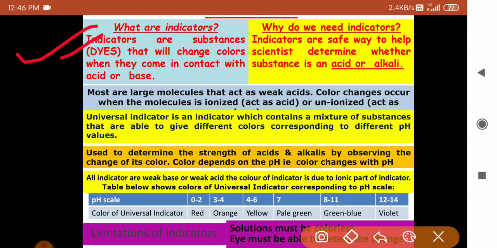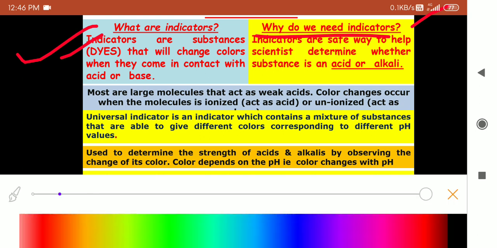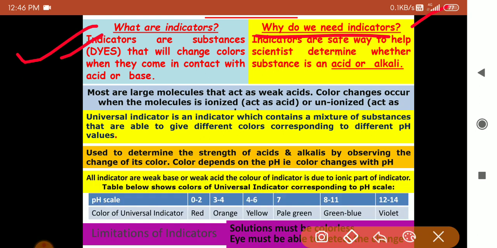So why do we need indicators? That's another question. Indicators are a safe way to help scientists determine whether a substance is acidic or basic, acid or alkali. As I told you in the beginning lecture when we started this chapter, not every acid can be tasted by tongue.